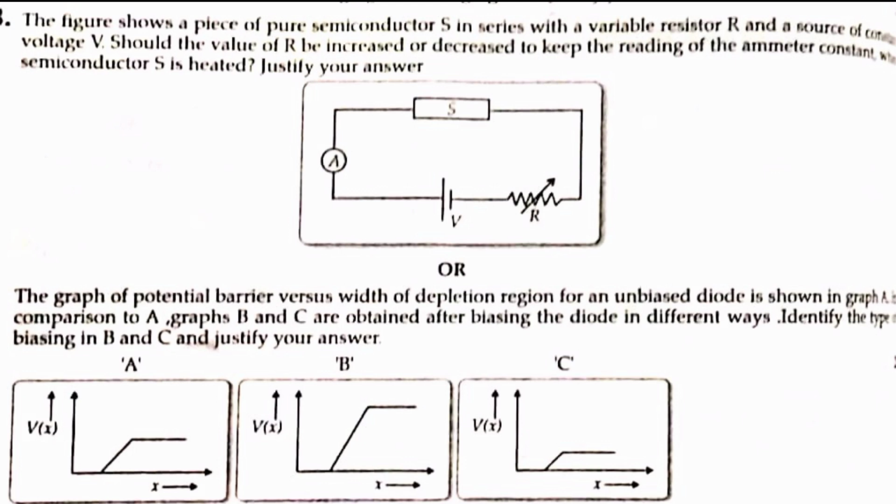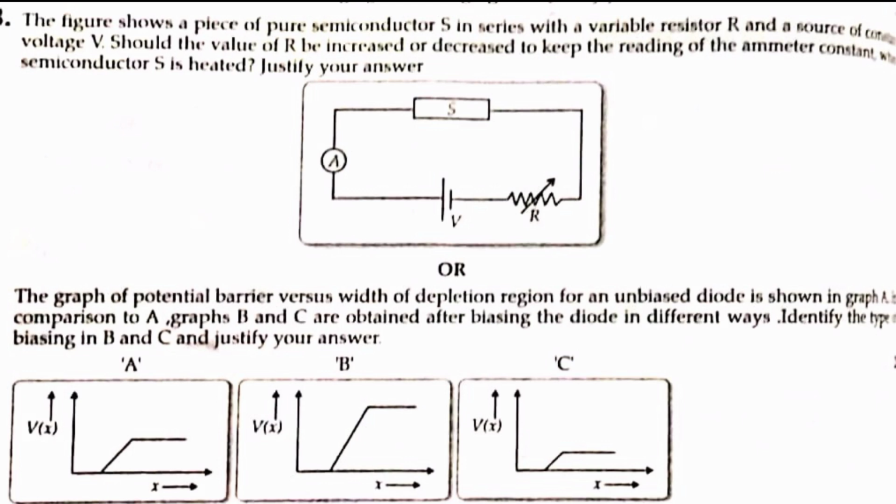The question is, the graph of potential barrier versus width of depletion region for an unbiased diode is shown in graph A. In comparison to A, graphs B and C are obtained after biasing the diode in different ways. Justify the type of biasing in B and C and justify your answer. So here also we have 3 diagrams, and in the first diagram, that is graph A, which shows the case of an unbiased diode.